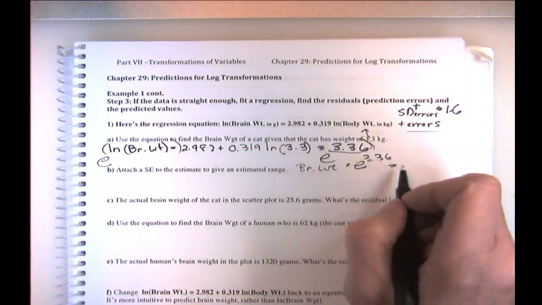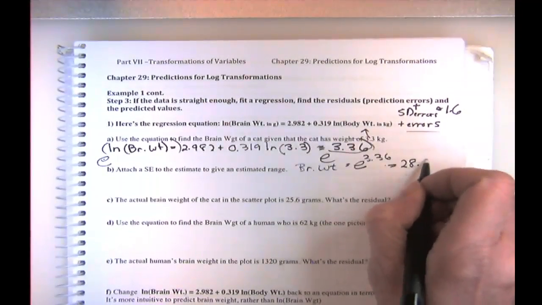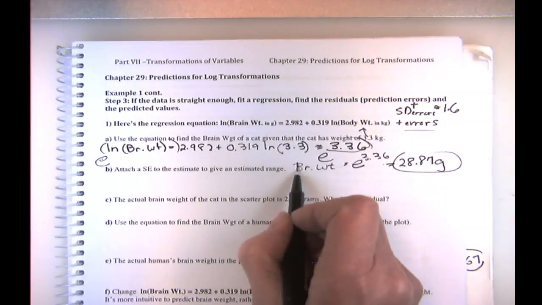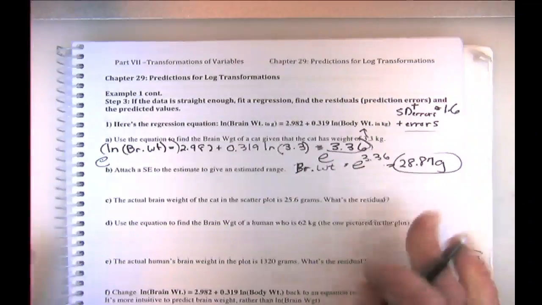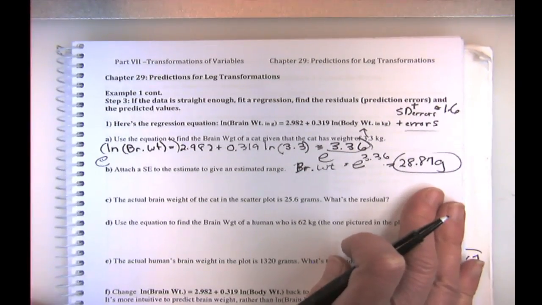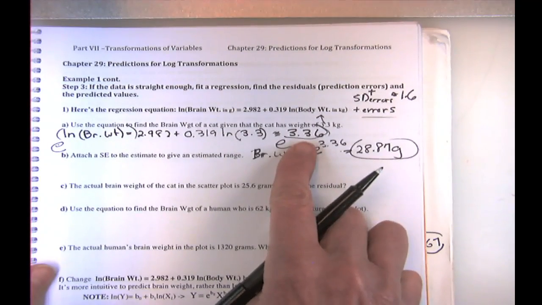But now I'm going to have units here, brain weight, and it comes out to be 28.87 grams. So that is the predicted brain weight of the cat. All right, let's look at that and see if it makes sense. What did we have first? We said that the log of the brain weight was 3.36.